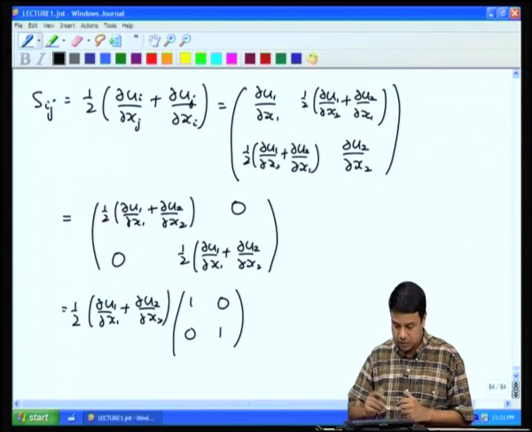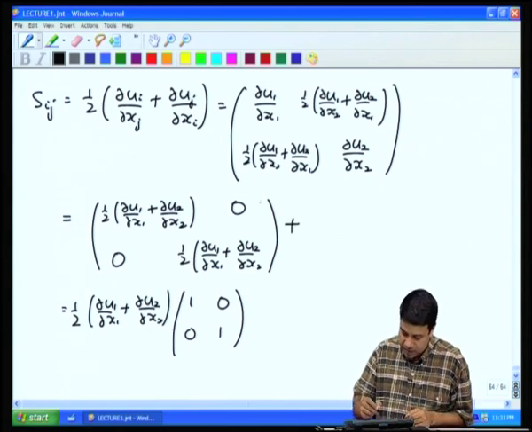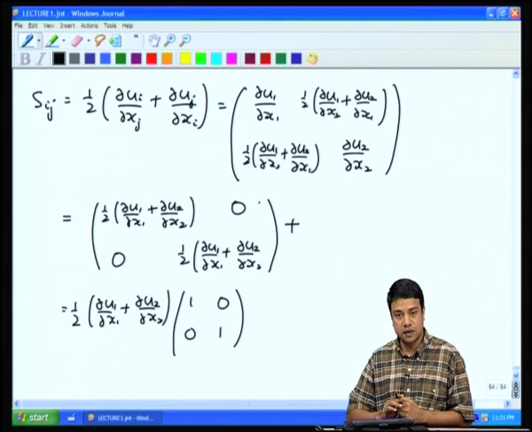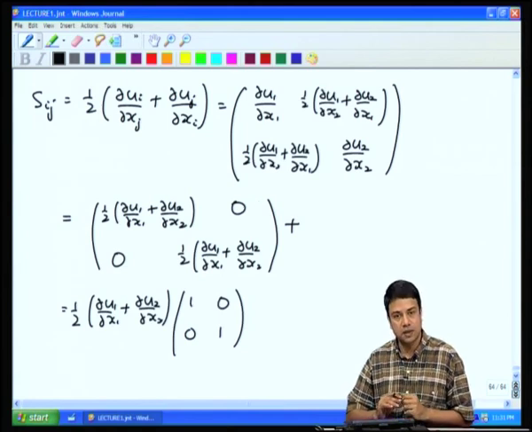And there is a second part which is basically the original symmetric matrix minus the one that I already have here.